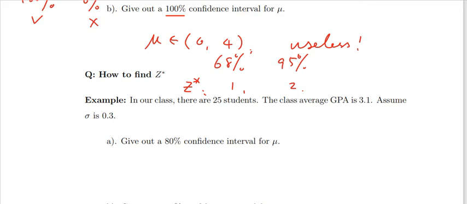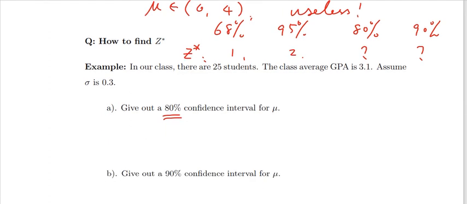If we have a percentage, like here we want to find 80%, or suppose 80% or 90%, then what is this coefficient? What is this Z star? At first, what does Z star mean? So how can I find this Z star?